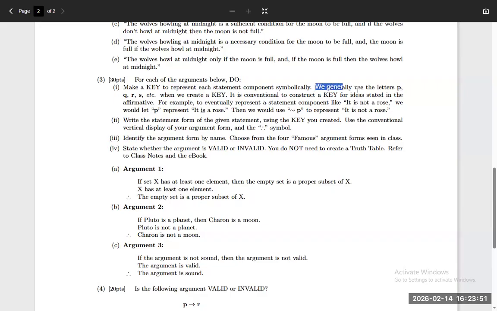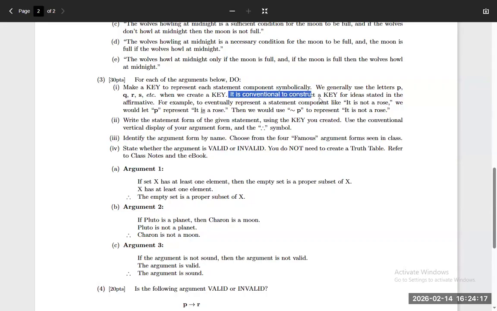We generally use the letters P, Q, R, S, etc. when we make a key. If you can understand that sentence, maybe you don't need to write it down, but if you don't understand it, write it down and see if the process of writing it, as well as reading it out loud, helps you understand that sentence. Then you go to the next sentence.